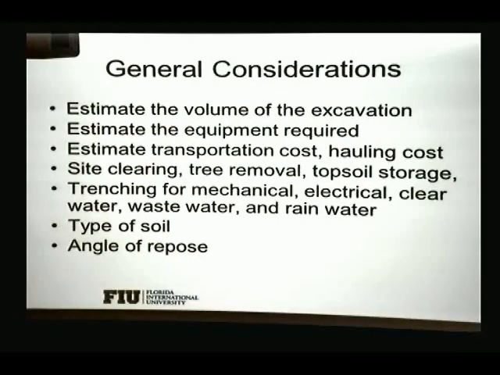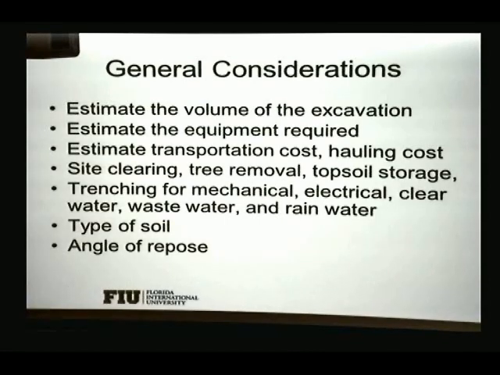Basically what you will do is you estimate the volume of earth that needs to be moved, look at the productivity of the equipment, how many cubic feet or cubic yards can be moved in a day, and then that tells you for how long you need to work. Estimate your cost by multiplying the unit cost times the volumetric measure of your earth move, and then you get the total cost.